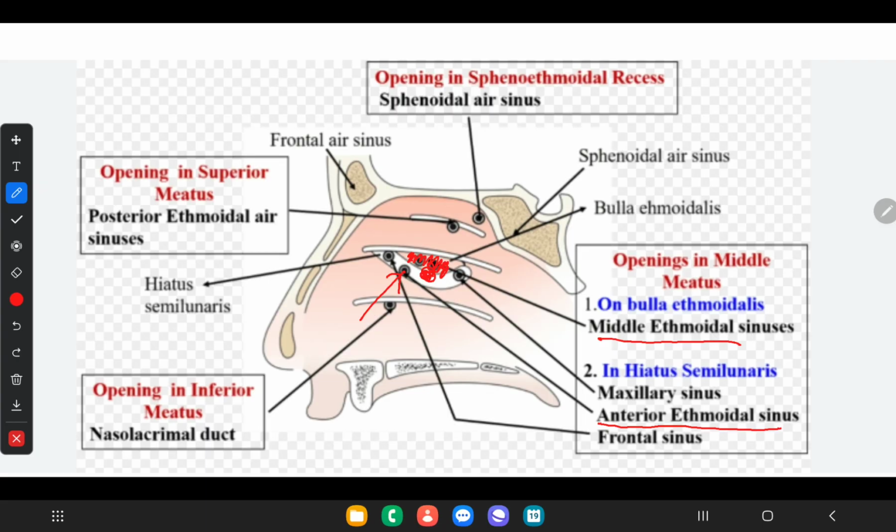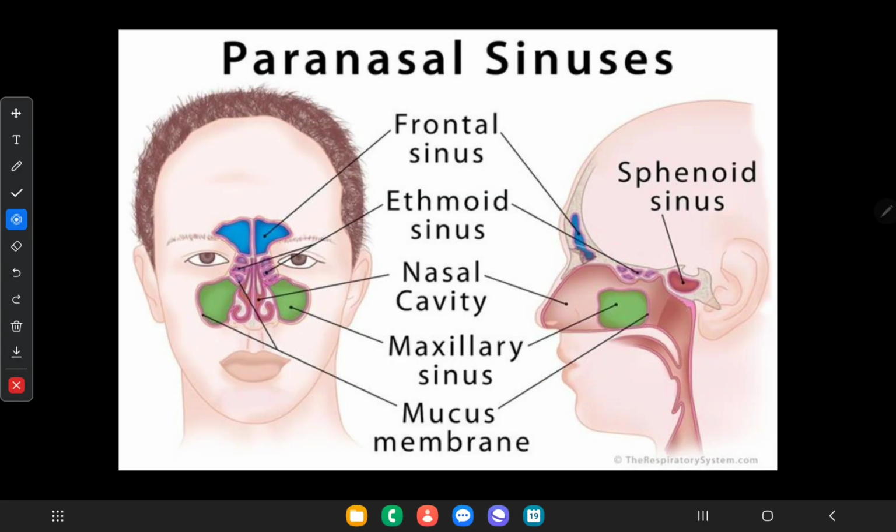Then the posterior group of ethmoidal sinuses drains into the superior meatus. Here you can see the area where the posterior ethmoidal air sinuses drain into the superior meatus.